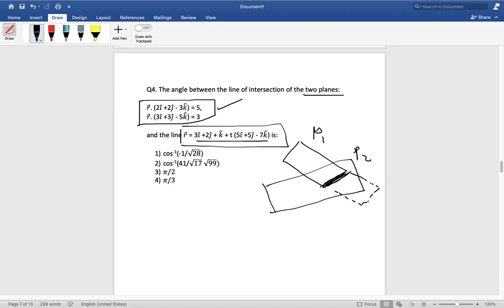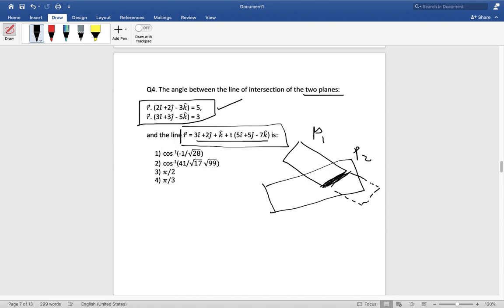So P1 and P2 are intersecting at a straight line, and another line is given, and we are asked to find the angle between the intersection of the two planes. So finding the equation of one line from this is kind of not tough, but some work is involved.